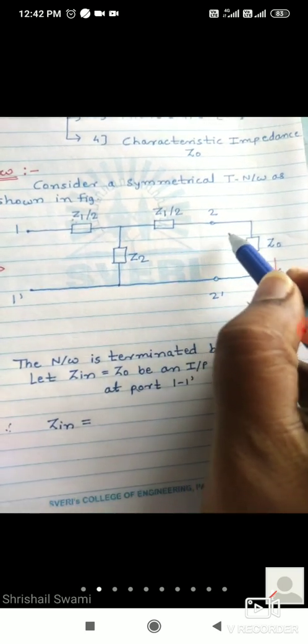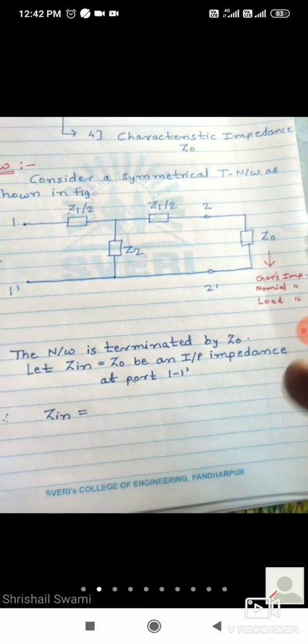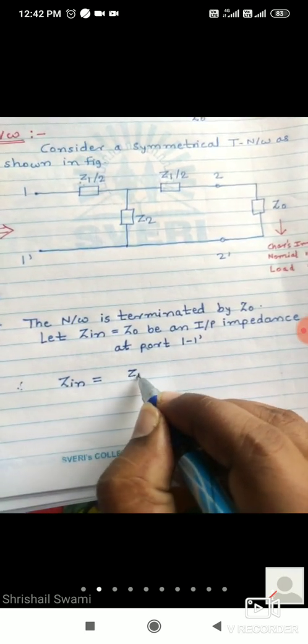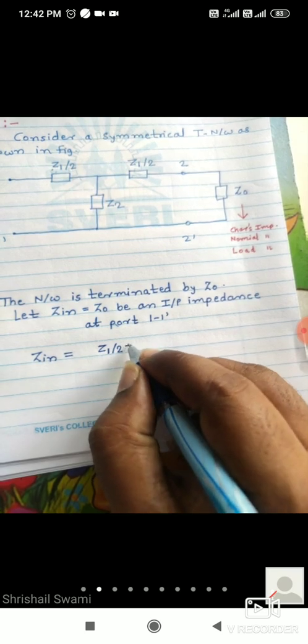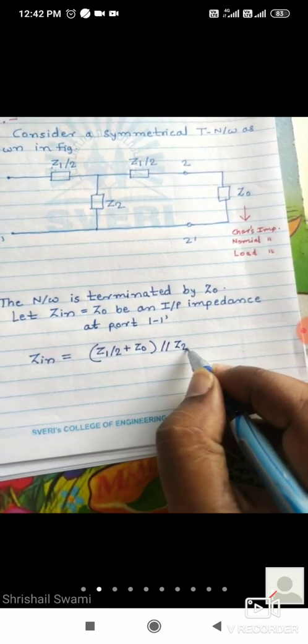The same current is flowing through both, which means these two are connected in series. So Z1 by 2 plus Z0 is the series combination. This series combination is in parallel with Z2, and that is in series with this Z1 by 2.